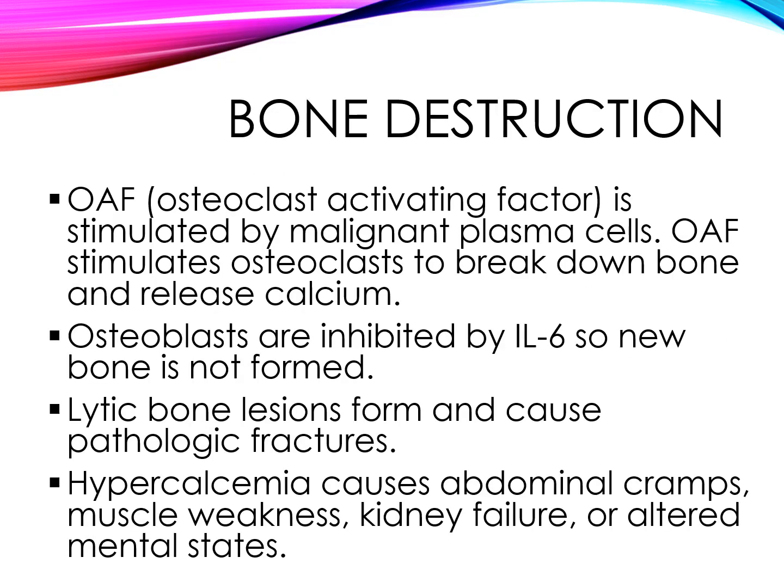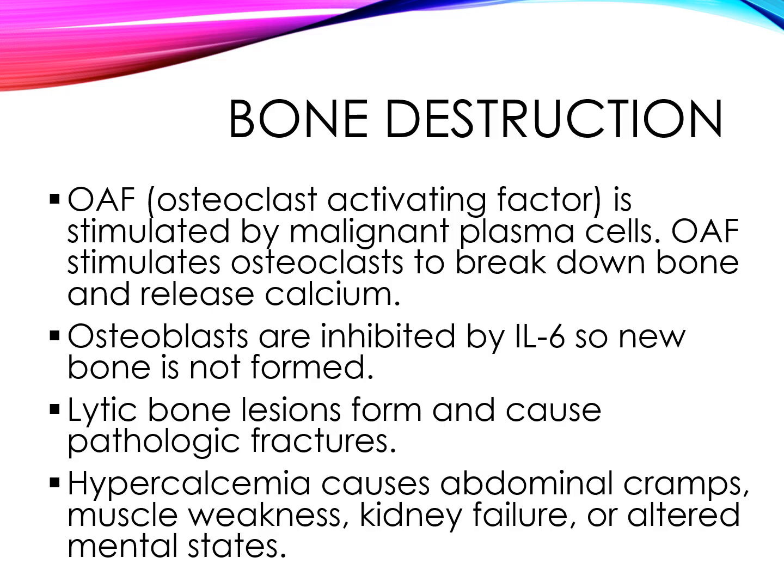Okay, so let's talk about this bone destruction because there are a couple of mechanisms that influence that. If you think about normal bone structure, our bone is constantly breaking down and then our body is rebuilding it. That helps us maintain structure, integrity, and strength in the bones. Our osteoclasts are the cells that are responsible for breaking down the bone matrix.